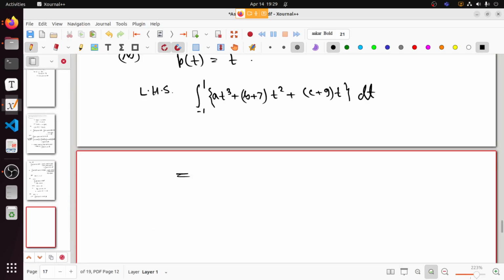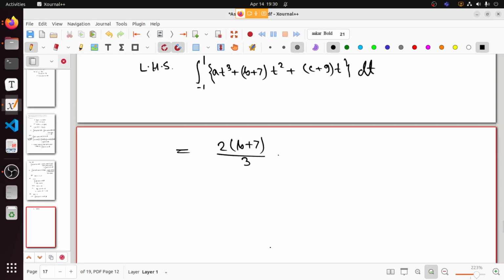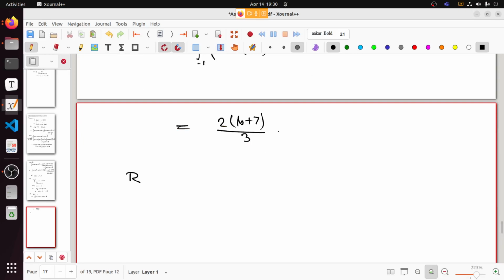Now if you integrate it, what will you get? t cube from minus 1 to 1 is an odd function, so this will be 0, and the last t is an odd function, again this will be 0, so only the middle term will remain. So this will be 2 into b plus 7 by 3, right? And the RHS, what is it?